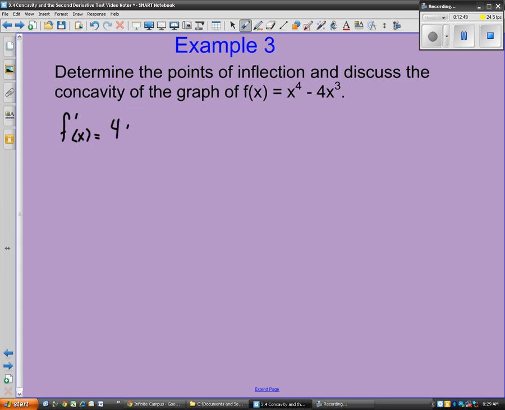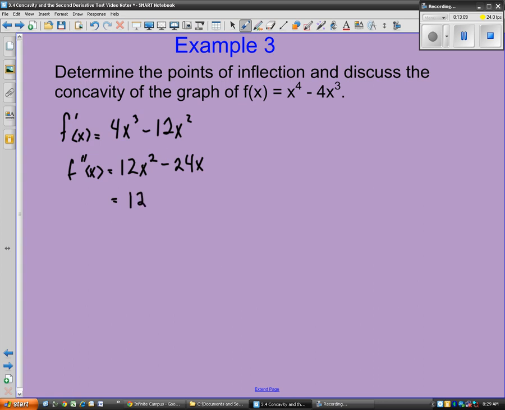Then the second derivative gives me 12x squared minus 24x. If I factor out what they have in common, I can factor out a 12x, which then gives me x minus 2.